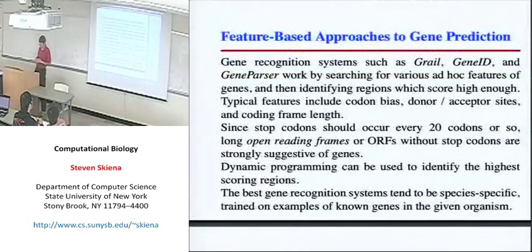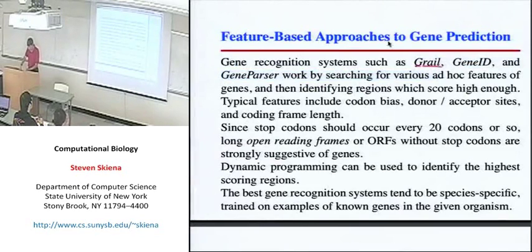So how did the first generation of gene prediction programs work? They basically did things like we were talking about. Grail was an early favorite.